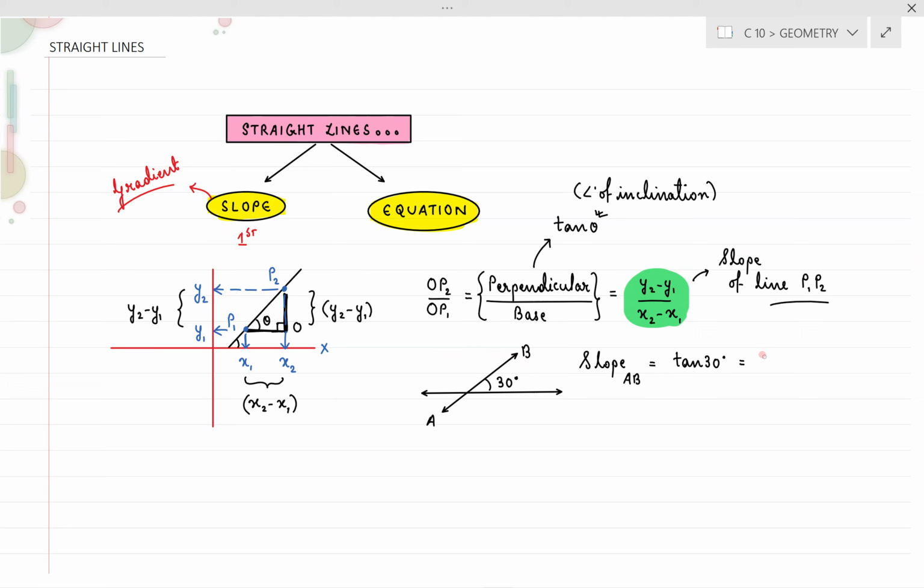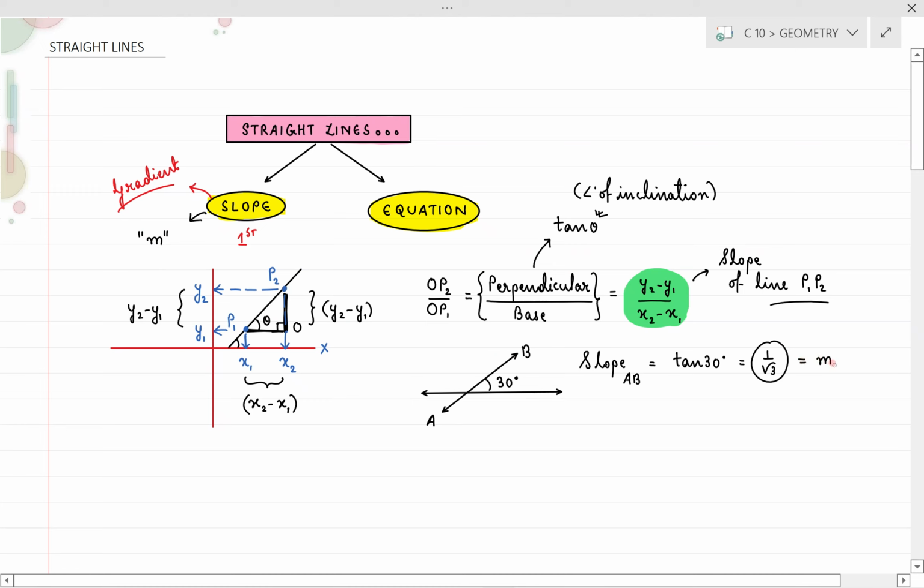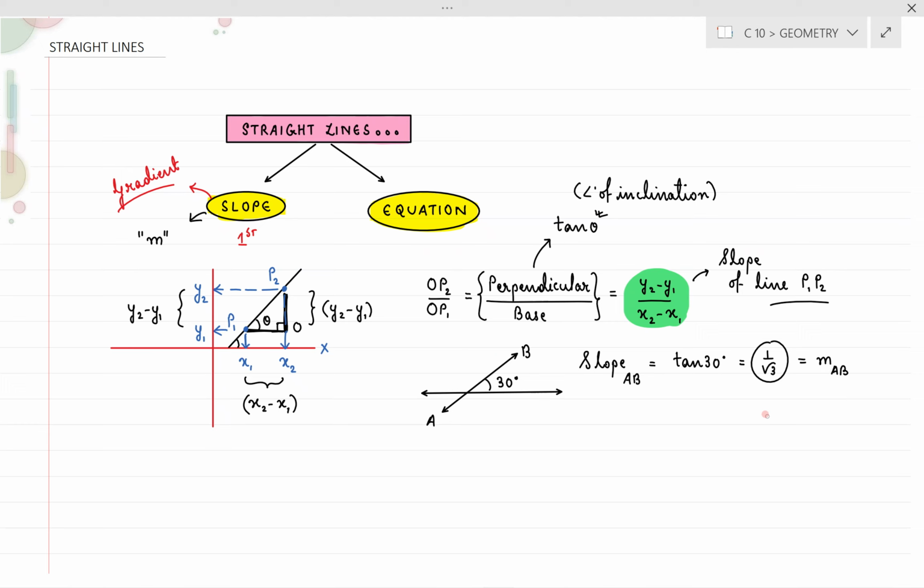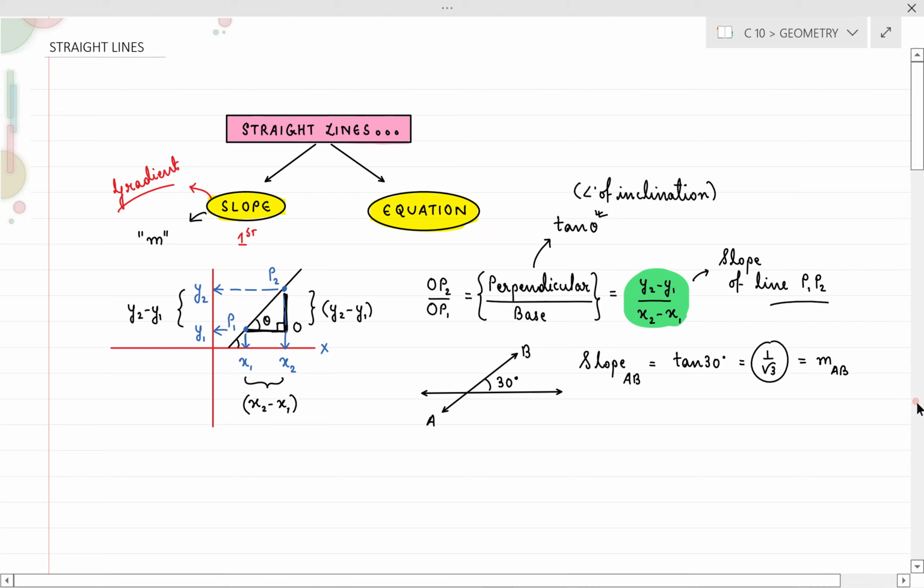Tan 30 degree, you must know the value from the trigonometric table, 1 by root 3. So this is the slope of line AB. Now slope of a line is denoted by small letter m. So I can say that this 1 by root 3 is equal to m of AB, slope of AB. Very simple.